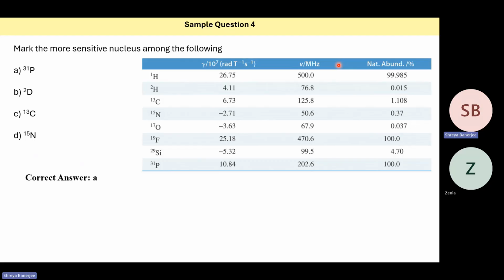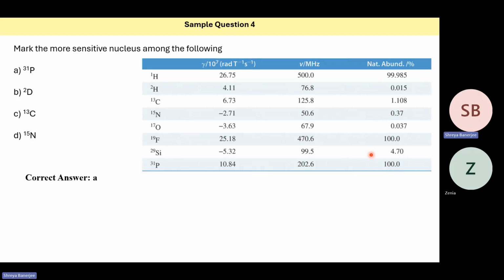So here the thing to remember is that sensitivity depends upon the natural abundance. Among these examples, deuterium has a natural abundance of only 0.015%. 13C is also very low, around 1%. And 15N is also only 0.37%. 31P, that is phosphorus, is the only isotope of phosphorus. So 100% of phosphorus exists in that isotope.